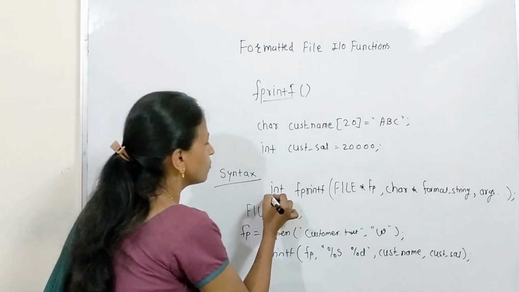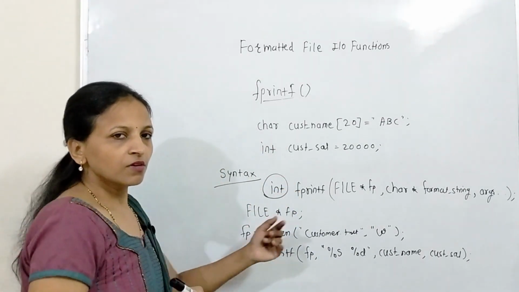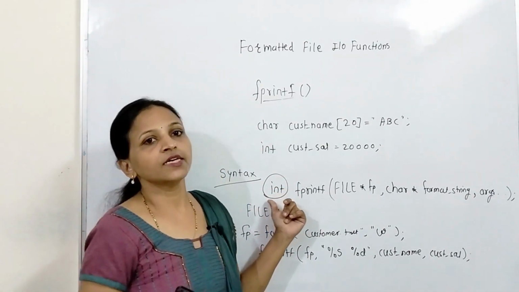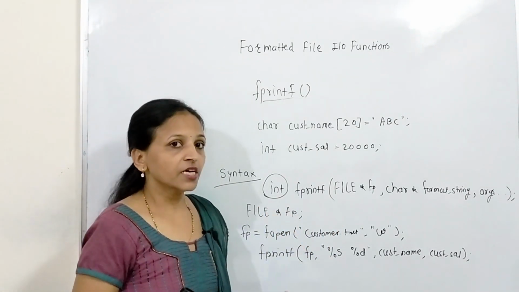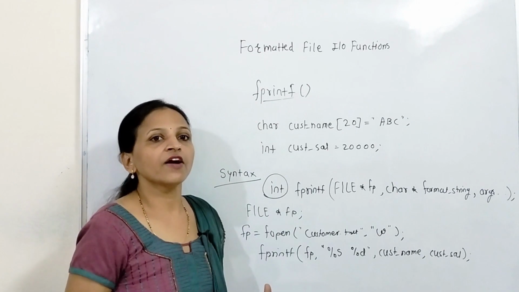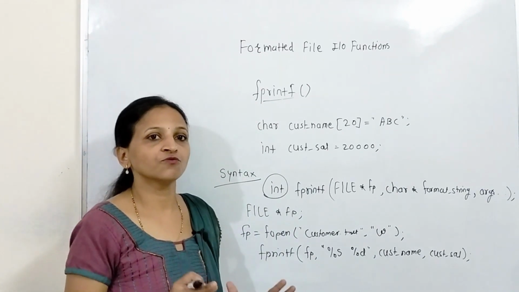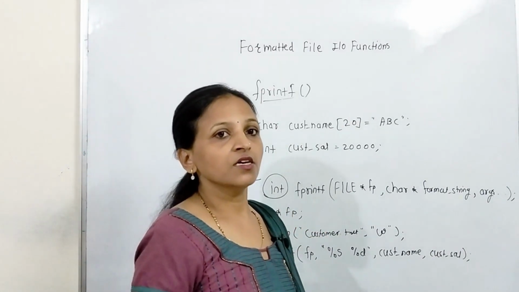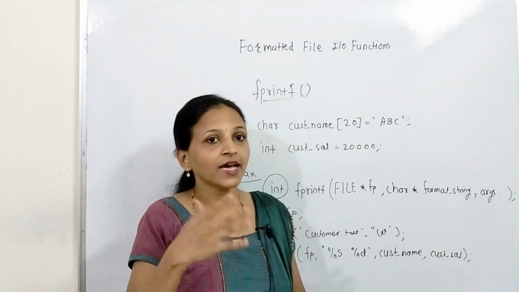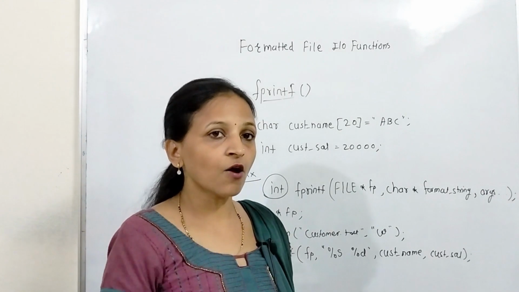Now what about this int? This is nothing but the return type of this fprintf function. This function returns a non-zero value after successful execution. It means the function returns how many bytes it has written to the file. That count it is returning.